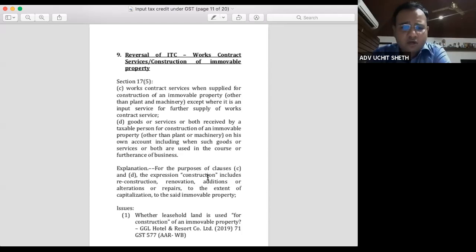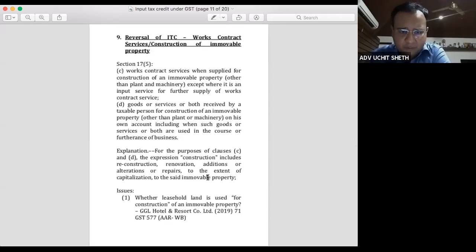Now we want to highlight sub-clauses C and D, which I have extracted in the slide. C says works contract services when supplied for construction of an immovable property other than plant and machinery, except where it is an input service for further supply of works contract service.